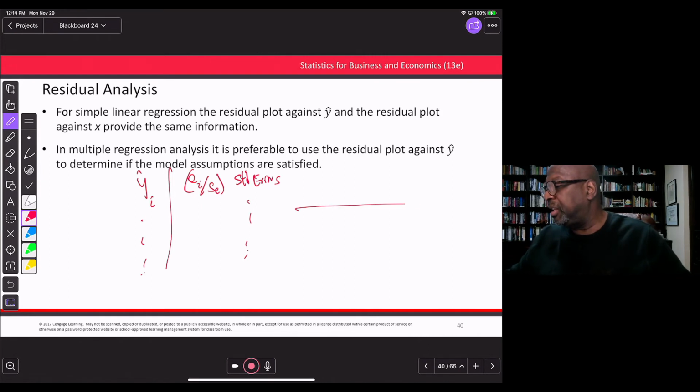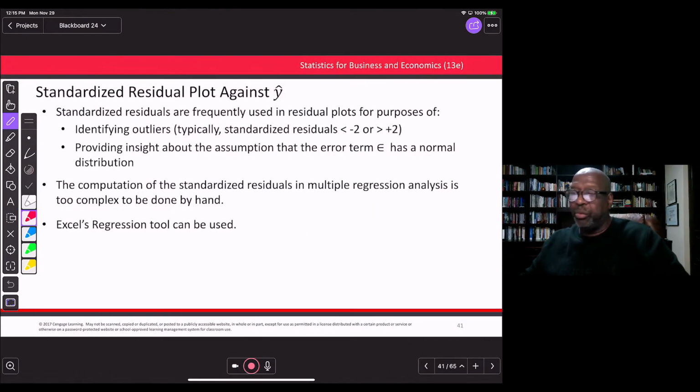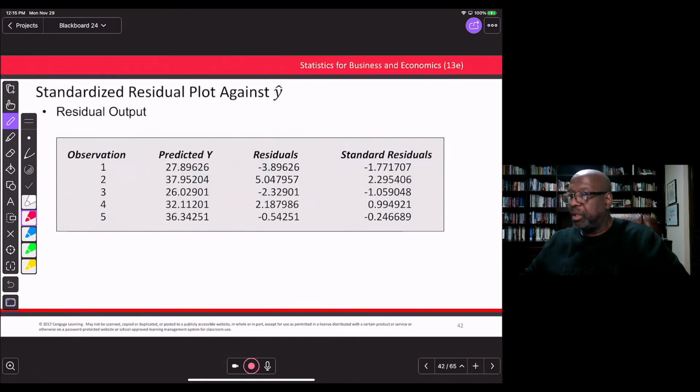We expect to see no particular pattern around 0 as we plot the errors. Excel will actually print off the errors and the standardized errors for you. So here's an example.